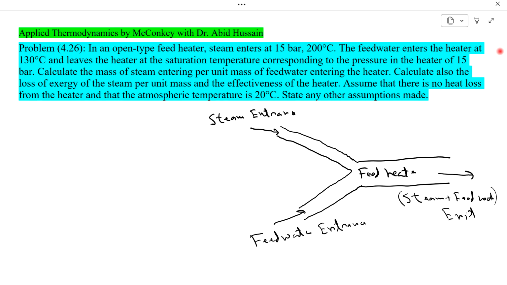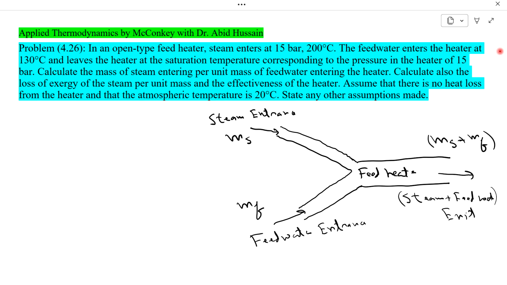So let the mass of steam entering the feed heater be ms, and the mass of feed water entering the feed heater be mf. The exit is the mixture of steam and feed water, so the exit mass is ms plus mf.